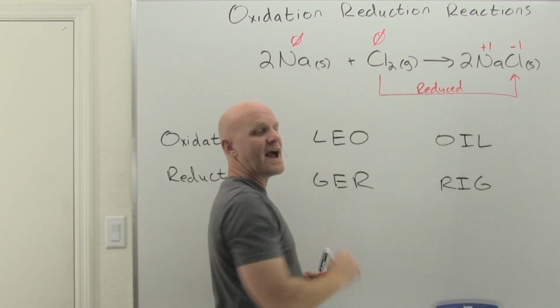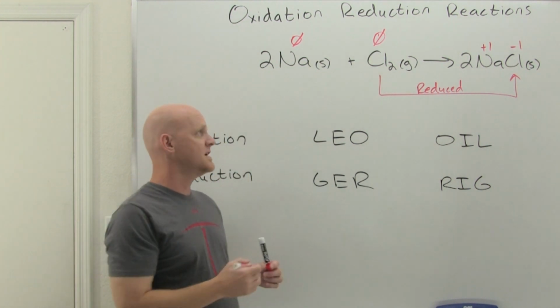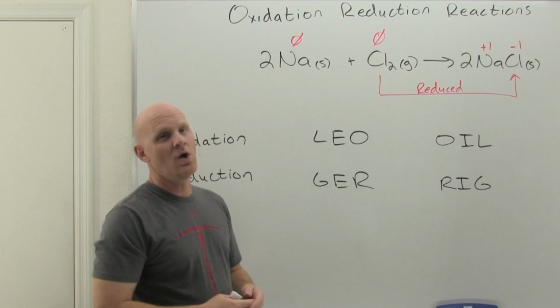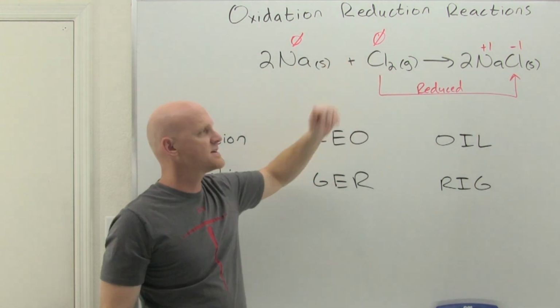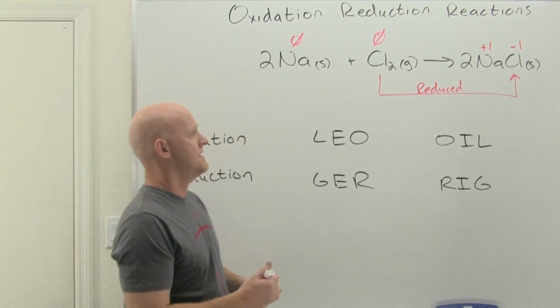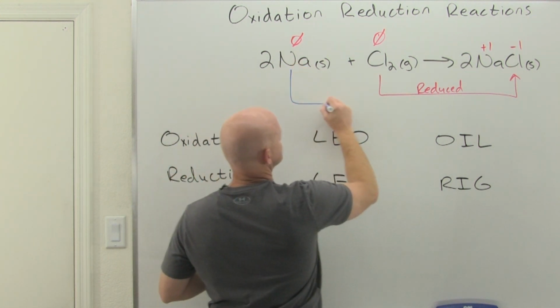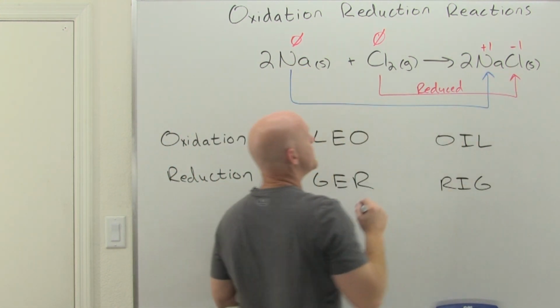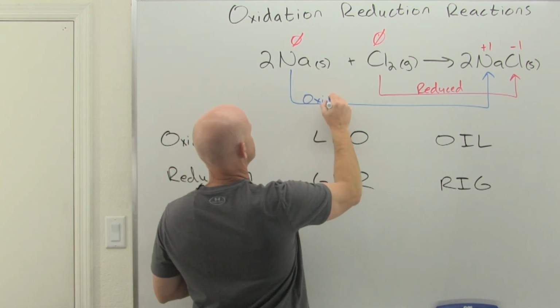And so we'd say that the reactant, Cl2, got reduced, or we'd say that chlorine was the element that got reduced. So whether you just identify the element, or whether you identify the chemical species it's a part of, which in this case it just happens to be an element, you say that the reactant got reduced. All right, so then if we take a look at the other side, sodium here went from 0 to +1, and in this case he got oxidized.